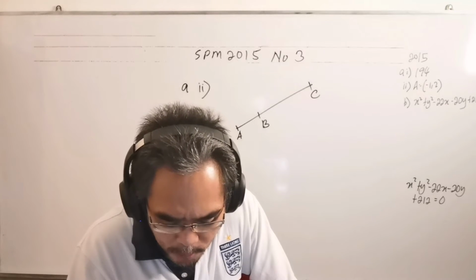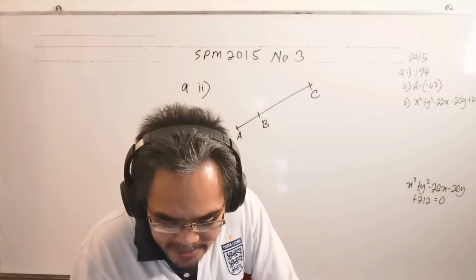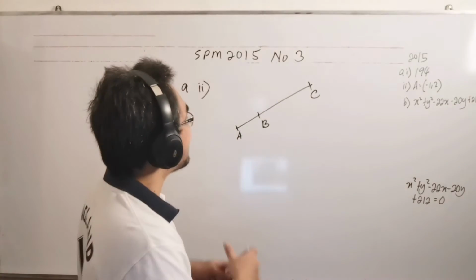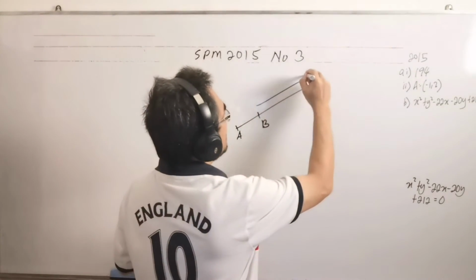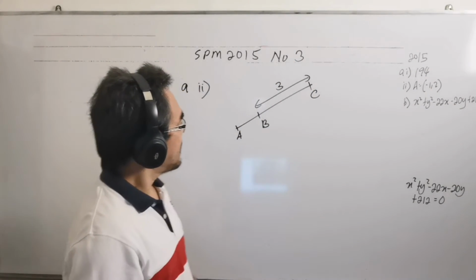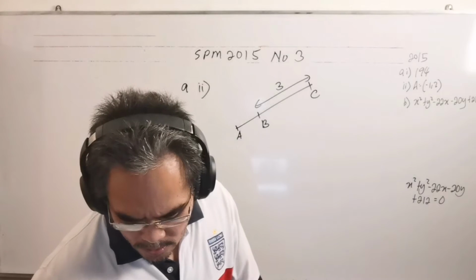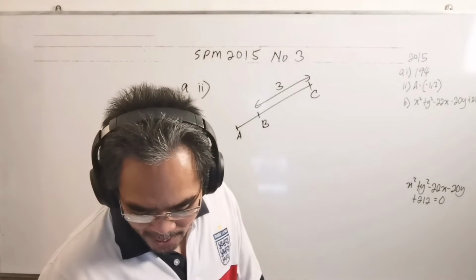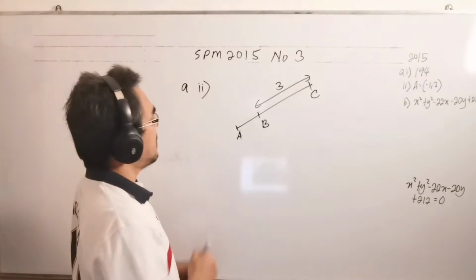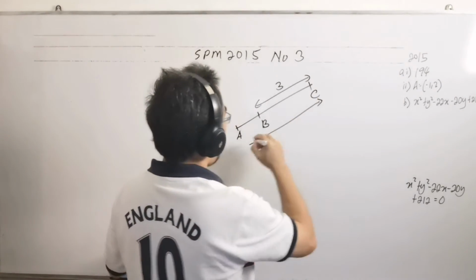Given the distance of point C is 3 times from point B, so this is 3, and 4 times from point A, so this is 4.